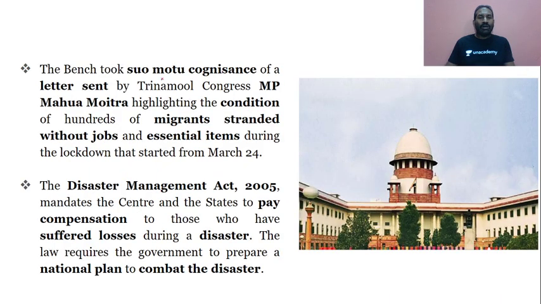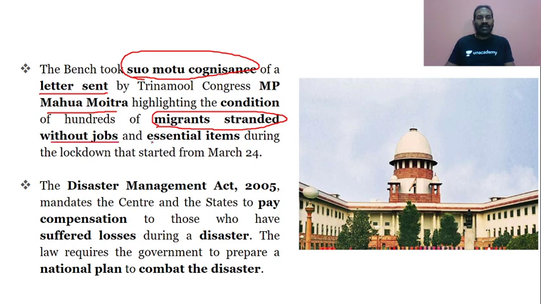The bench has also taken suo motu cognizance of a letter sent by a Trinamool Congress MP, Mahua Moitra, highlighting the conditions of the migrants who have been stranded across the national borders without jobs and essential items.